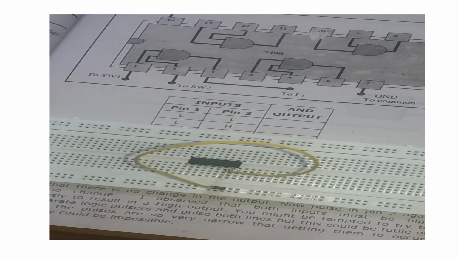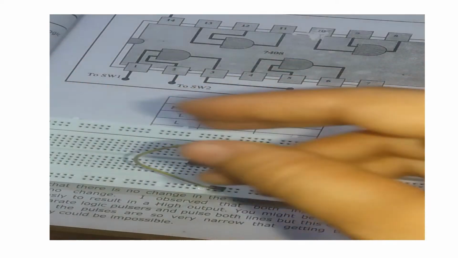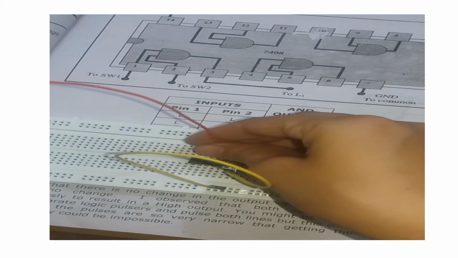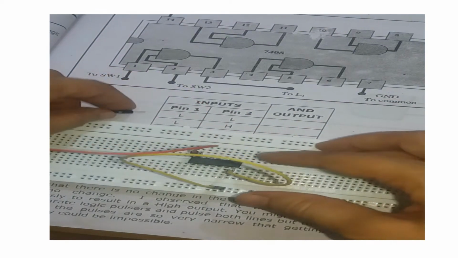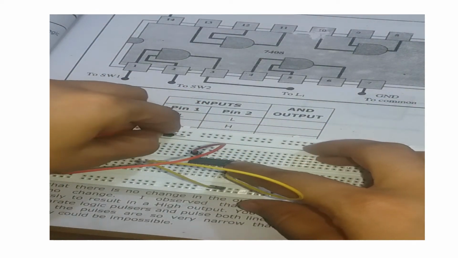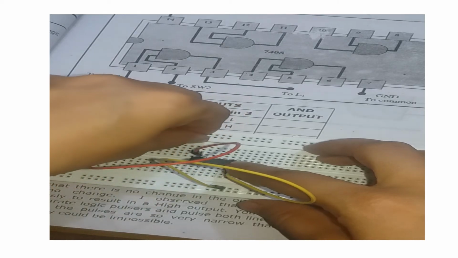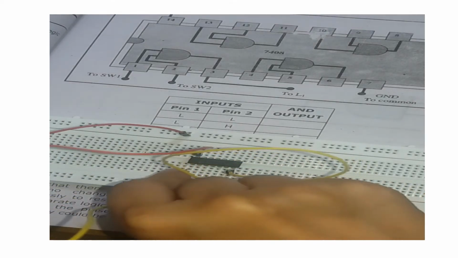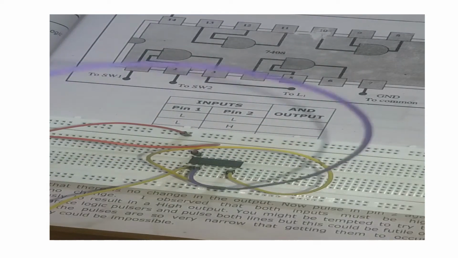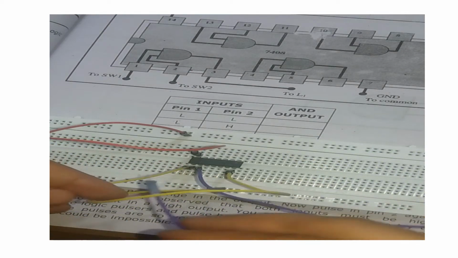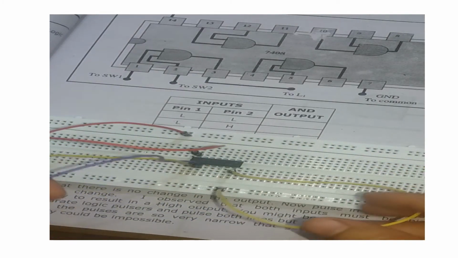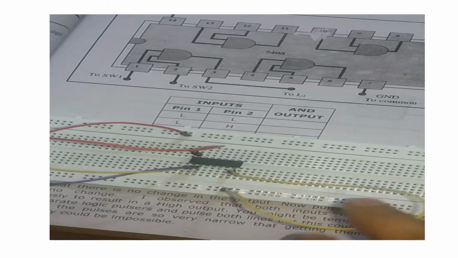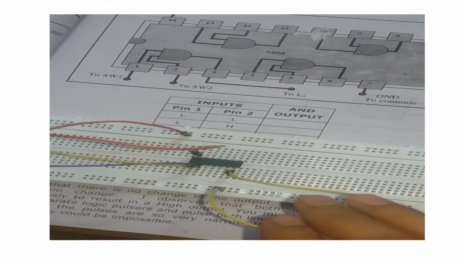Pin number 14 is with the VCC, and pin number 1 is for input 1, and pin number 2 is for input 2. Try to use short length wires in the apparatus for showing clear images.